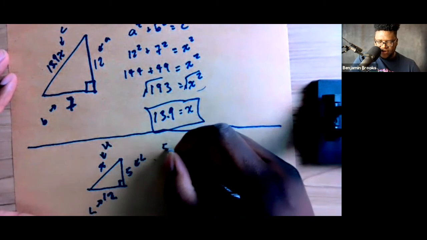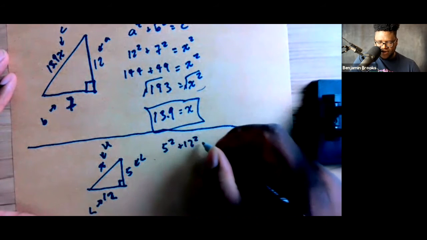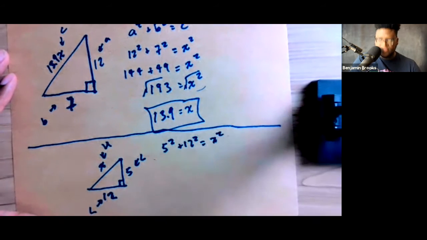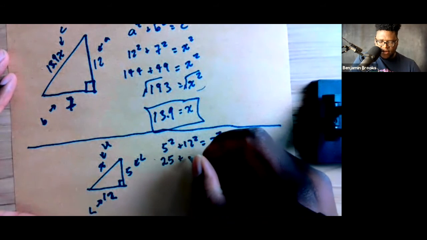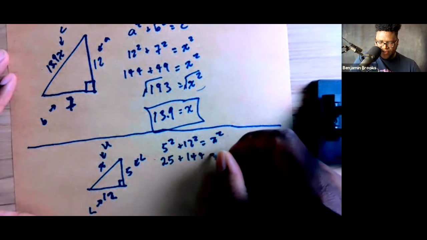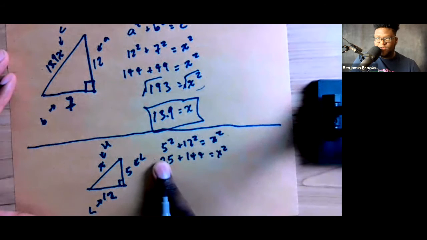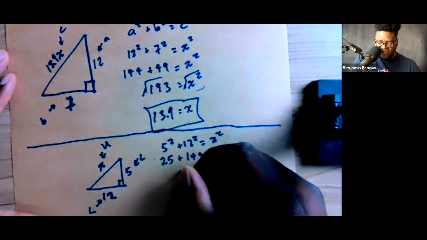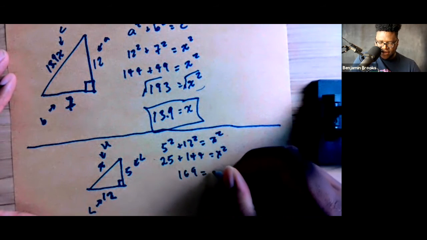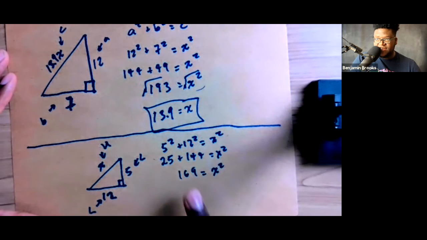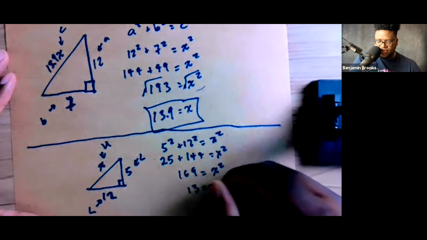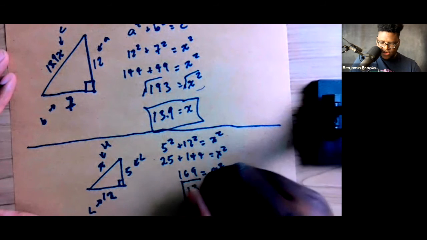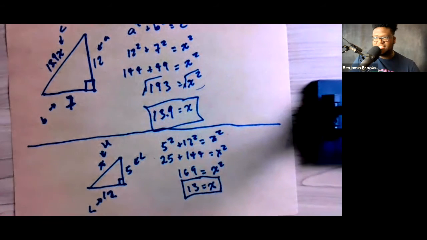So we could do 5 squared plus 12 squared equals x squared. Let's see, 5 squared is 25. 12 squared is 144. 25 plus 144 is 169, which is equal to x squared. You take the square root of both sides, you're left with 13 is equal to x. Don't forget, the last part is always to take the square root at the end.